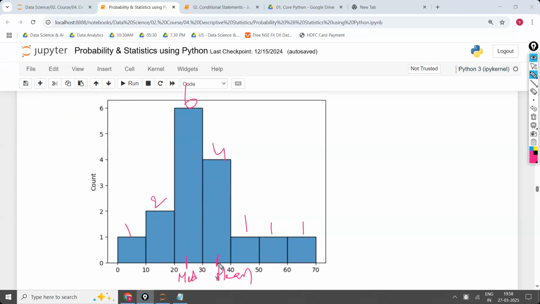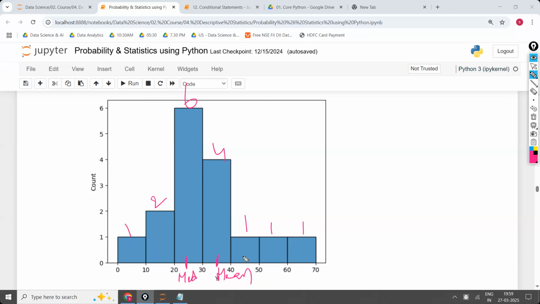Mean value is more here, 30, the center value. And this is where the median value is located. So median is less than the mean, or mean is greater than median. Choice is yours. So mean is greater than median.